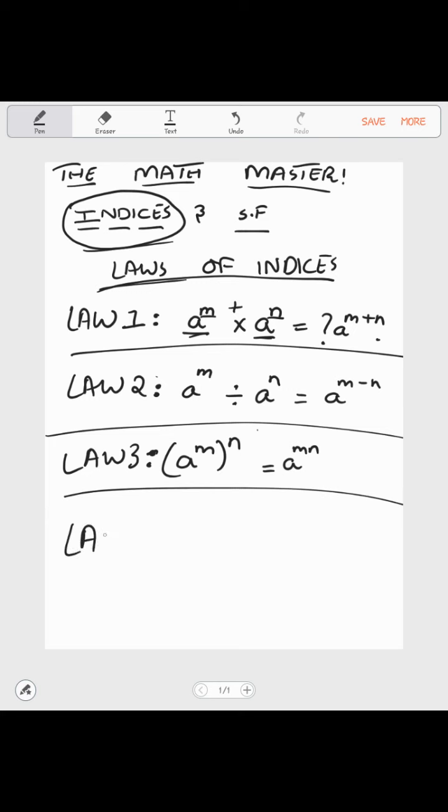What's law 4? a^n into b^n. Now this might confuse you, but trust me, it's not confusing. Why? Because you can see the variables are different but the powers are the same. What can you do when the powers are the same? It's very easy.